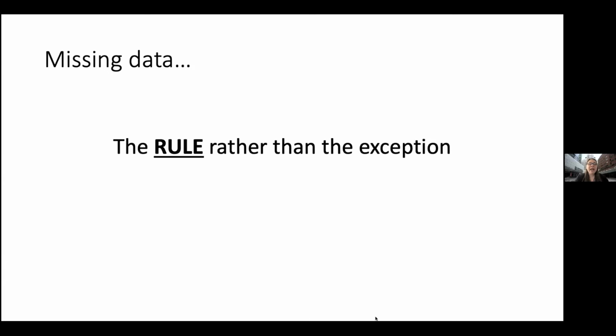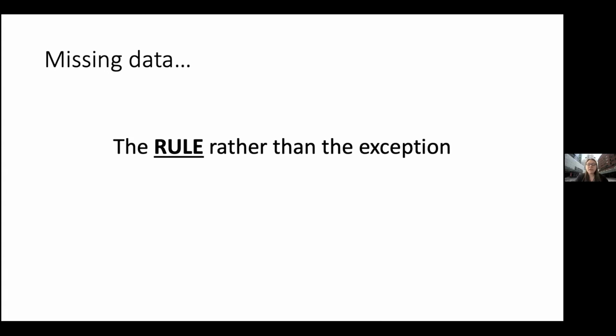So before we jump into terminology, I want you to think back to the last study that you were involved in, or the last paper that you read. Try to remember, did that work have any challenges related to missing data? So whether you realize it at the time or not, it's a pretty safe bet to say that yes, there was missing data. In fact, in clinical research, missing data is really the rule rather than the exception.